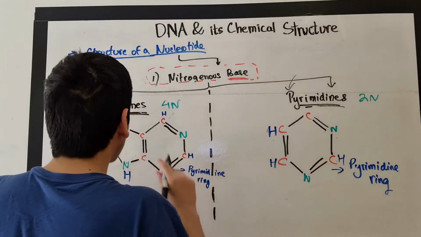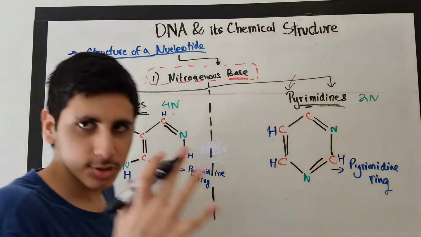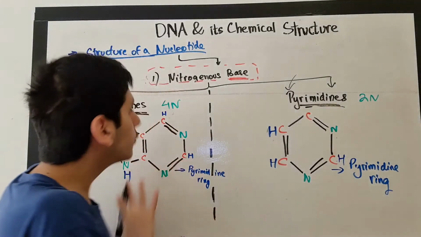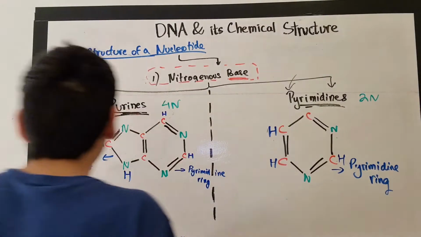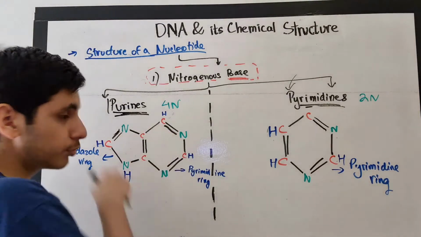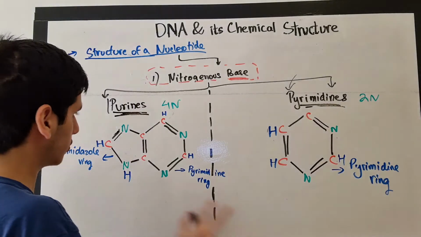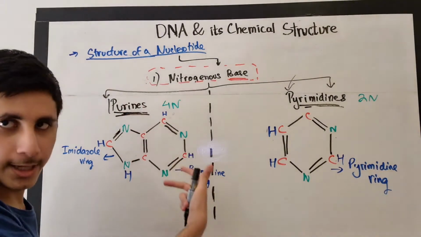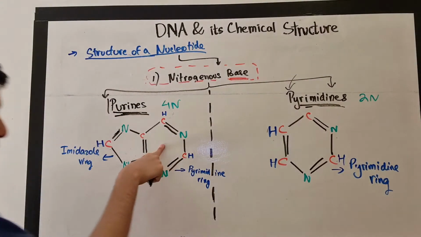So let's start. There's a basic convention we have to follow for purines as well as pyrimidines. In a purine, we first have to identify the pyrimidine ring. So the first step is to identify the pyrimidine ring.